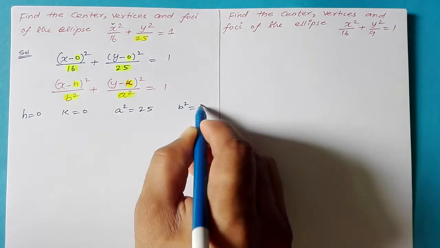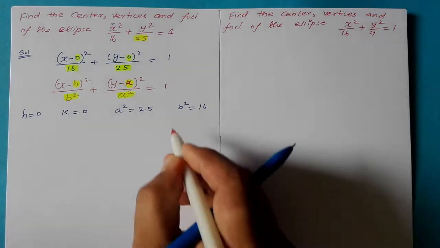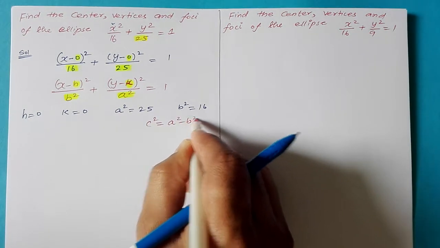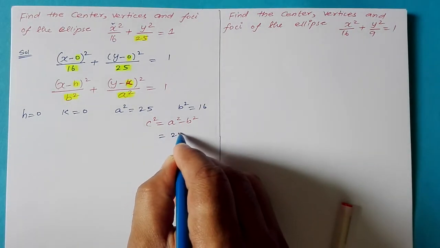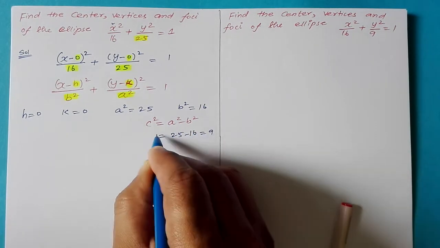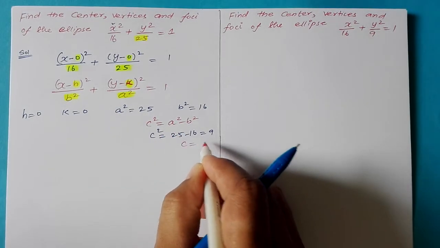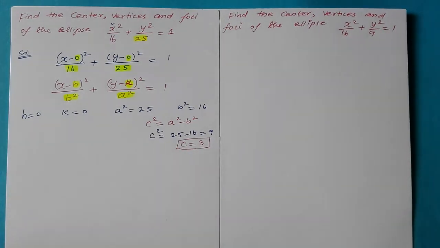B square is 16. I have to calculate c square as well. What is the formula for c square? A square minus b square. So 25 minus 16 which is 9. This is c square. What is the c value? Take the root on both sides, you will have 3.